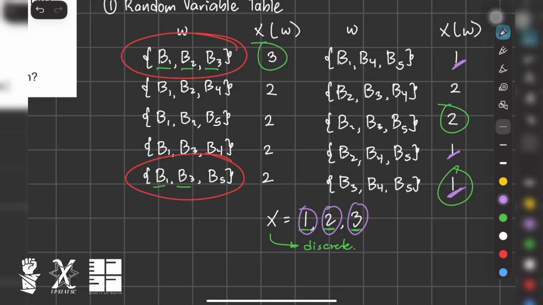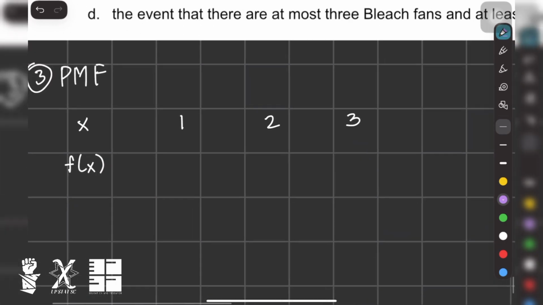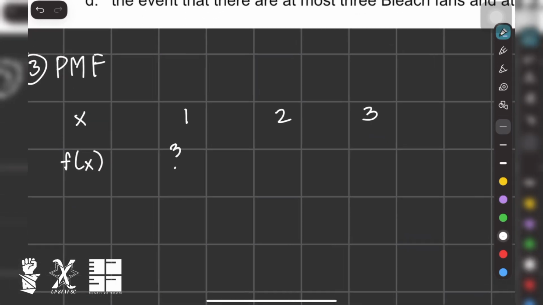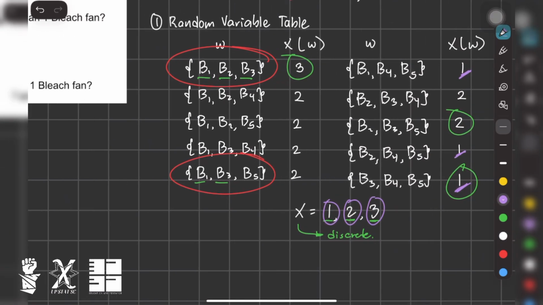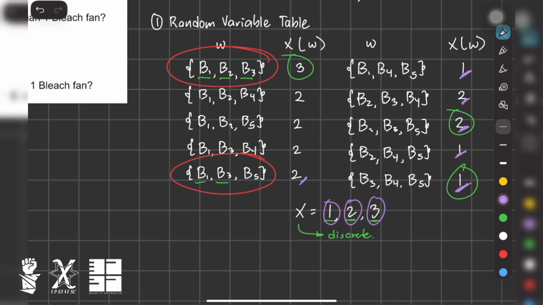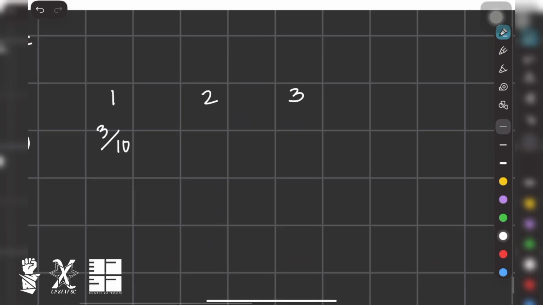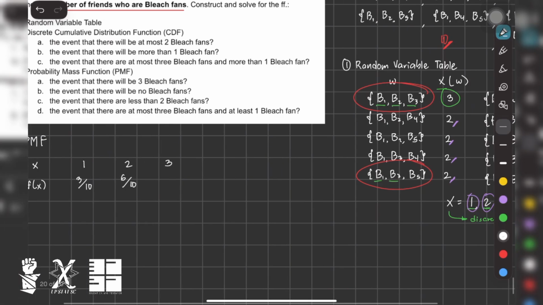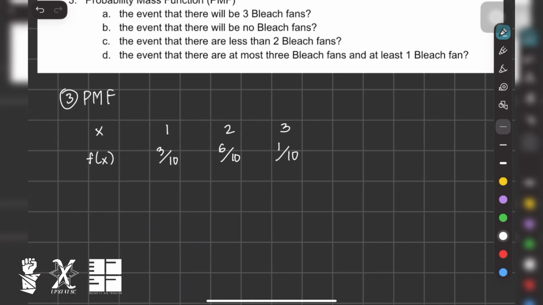So there are 3 out of 10 samples that have a value of the random variable equal to 1. Now, when we look at the mass point x equal to 2, we have 1, 2, 3, 4, 5, 6. So that's 6 over 10. And as we've seen earlier, there's only 1 for x equal to 3, so that's 1 over 10. Okay, so that's for your probability mass function.